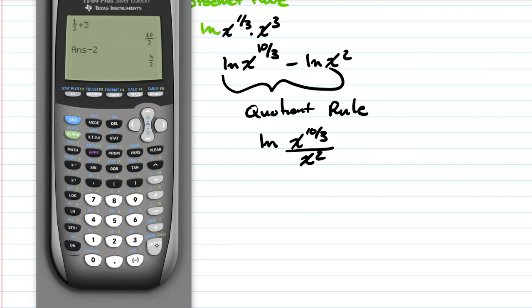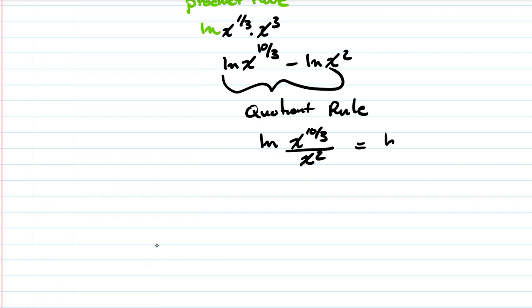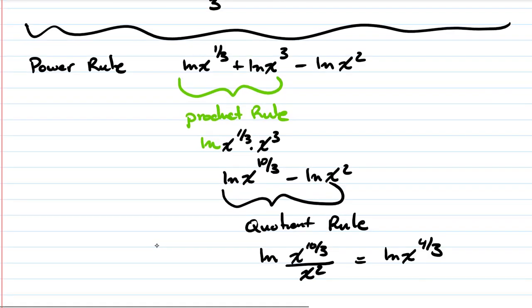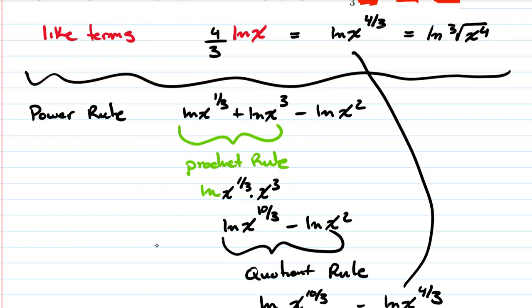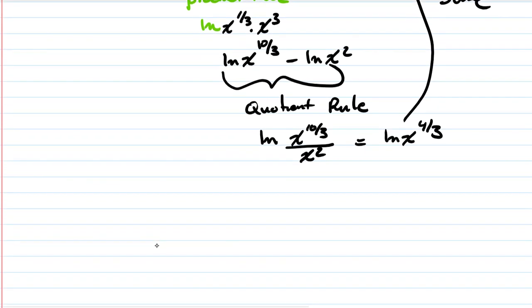So 10/3 take away 2 gives us the natural logarithm of x to the 4/3. And we'll notice after all of that, oh, that's exactly the same as what we had here. So notice we got the same answer, but one of these methods was a bit longer than the other.